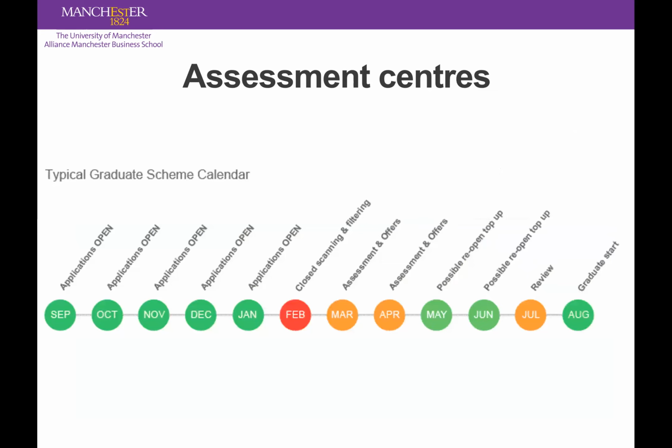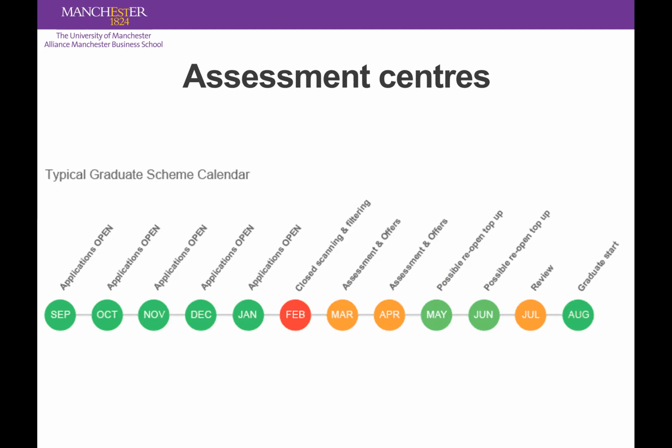And here is one of the timelines for the detail of this assessment center for the typical graduate scheme candidate. From the earlier time, September to January or February, this is the application open day. And then February is the closed screening and filtering stage. March, we're having the assessment and also the offer.